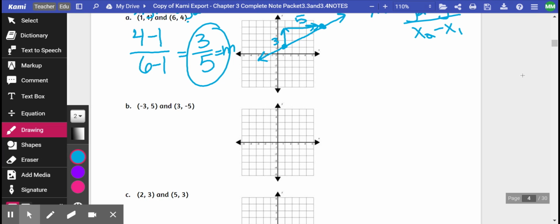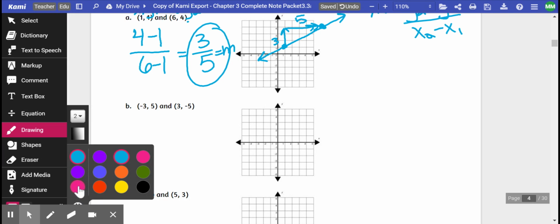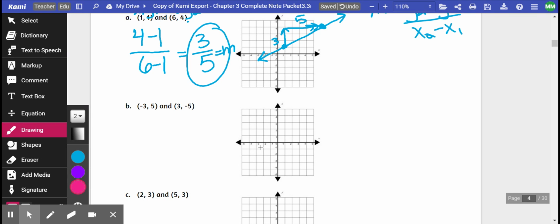For b, we're going to use that same formula. For this one, first point is at negative 3, 5. And my second point is at 3, negative 5.